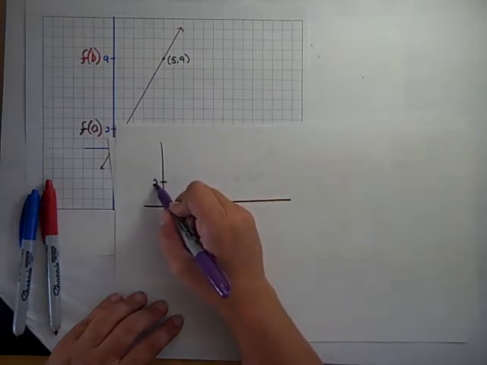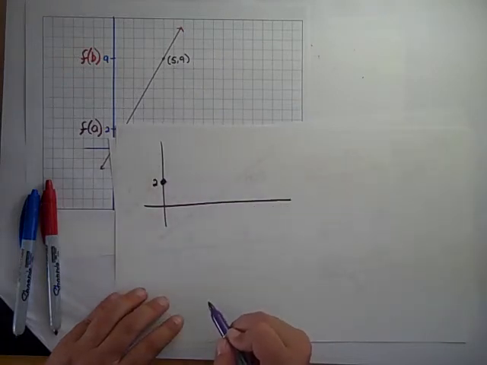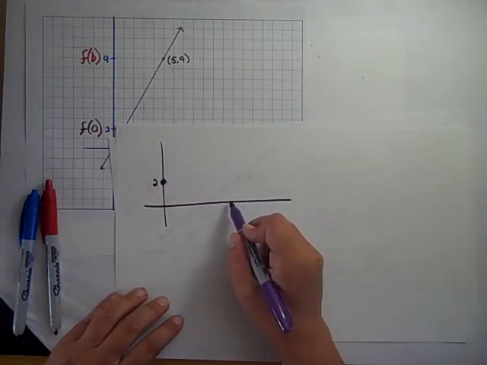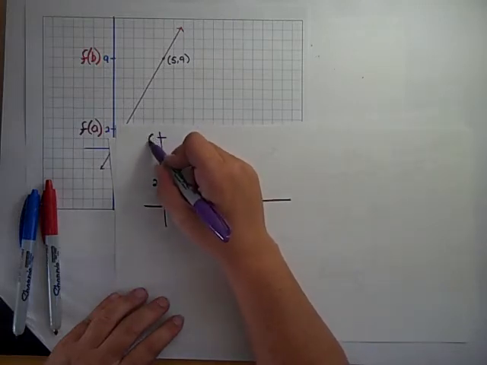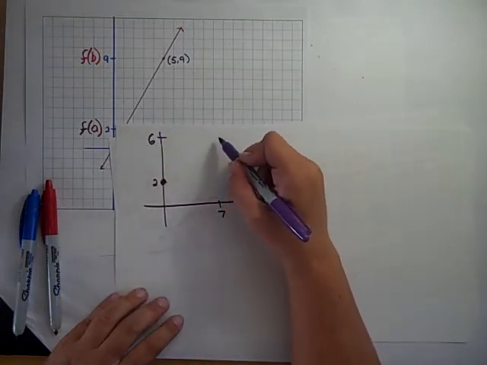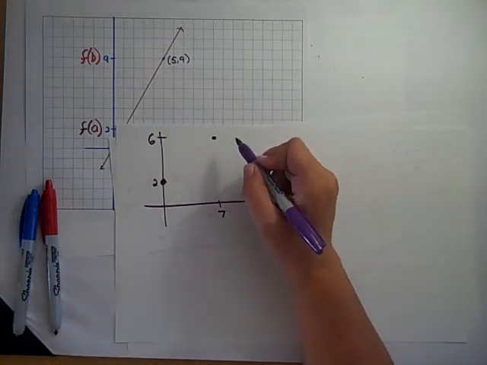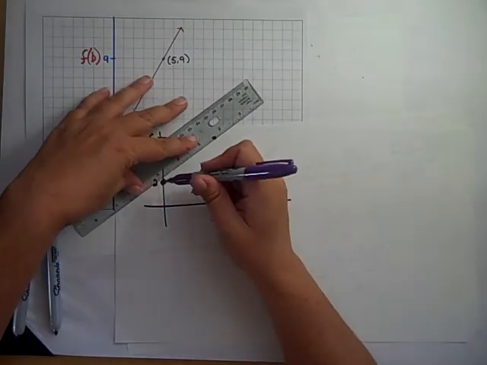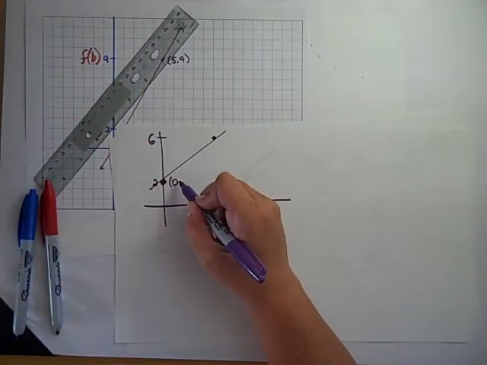Let's use a point here at 0, 2. And let's have a point at 7, 6.